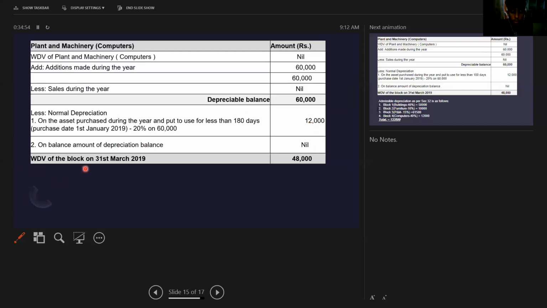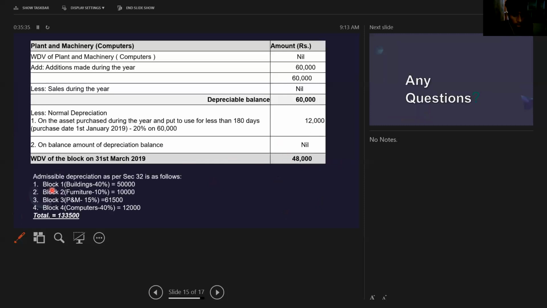In this problem, there is no depreciable balance because there is no written down value, and there are only additions. So there is only normal depreciation which we have to calculate, that is 20% on 60,000, which is 12,000, and the depreciable balance is nil. So the written down value of the block on 31st March 2019 will be 48,000. Clear.